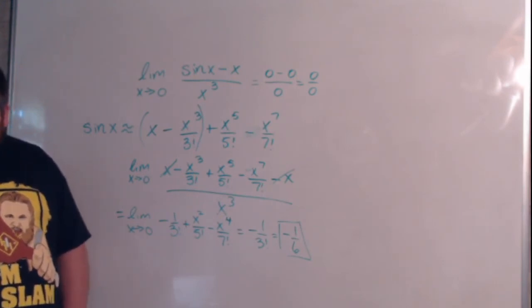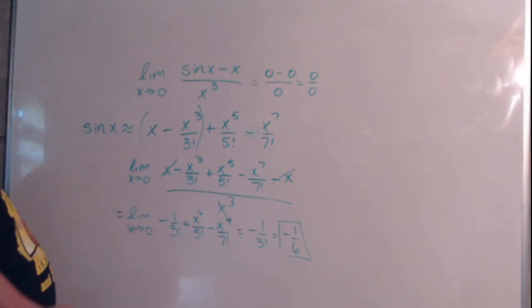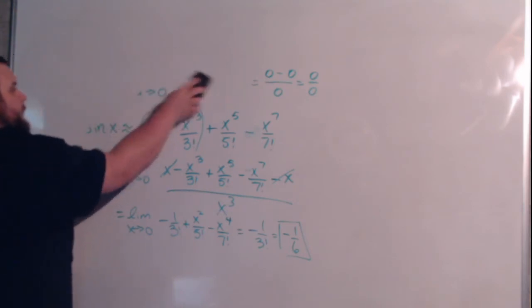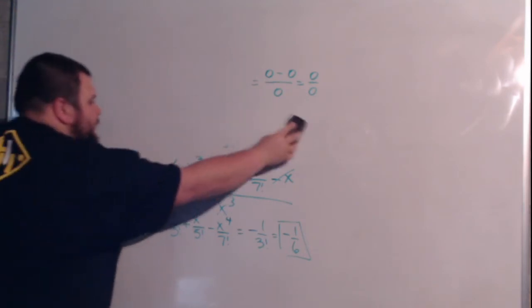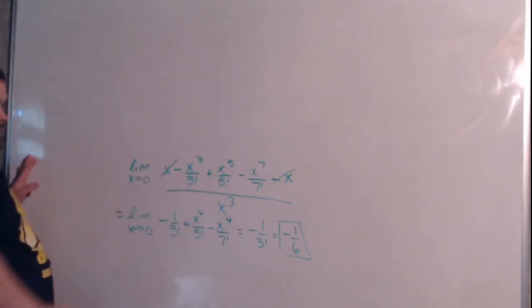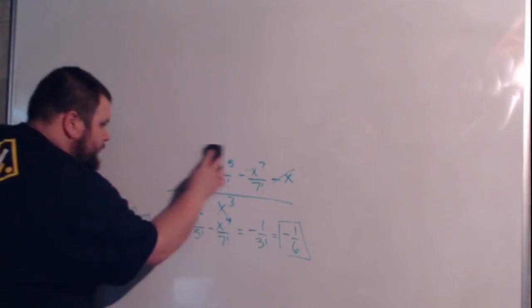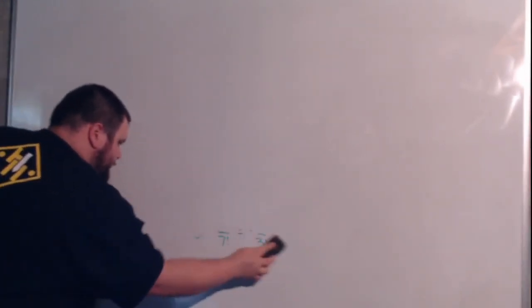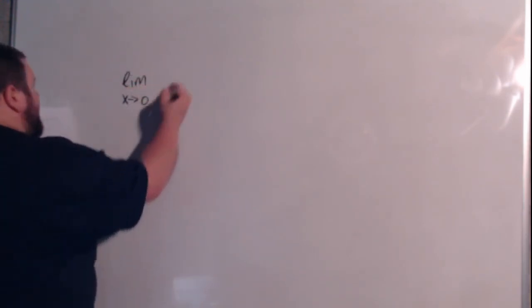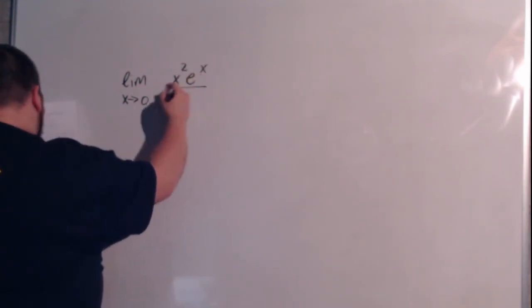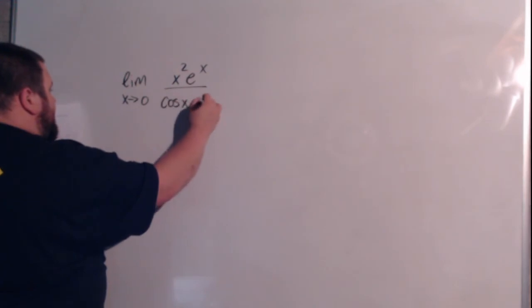So let's try the last one. Okay, so the last problem here says, tell us the limit as x approaches 0 of x squared e to the x over cosine x minus 1.